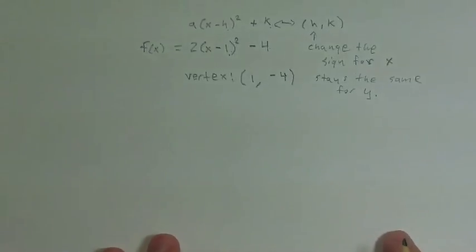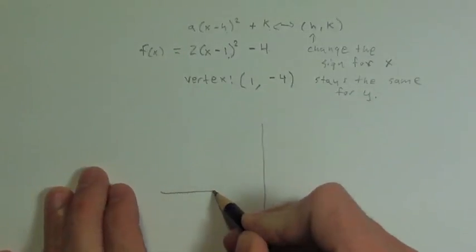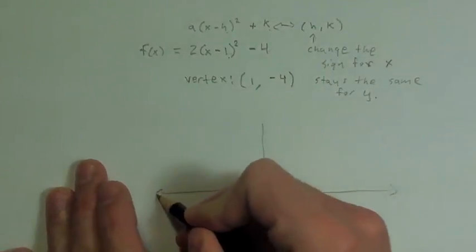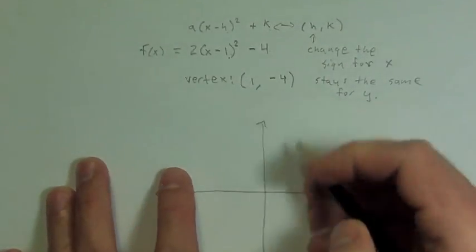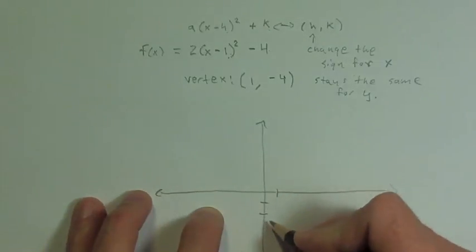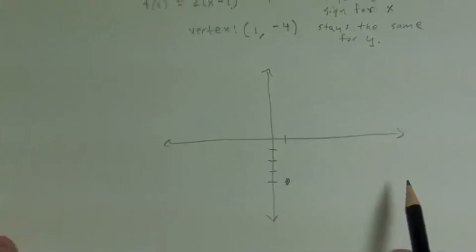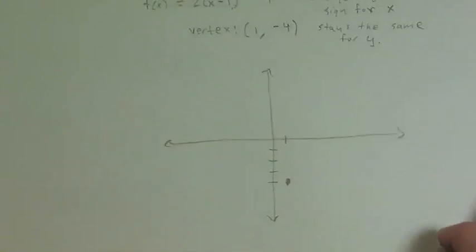If I wanted to graph this, the nice thing about having the vertex is that I'd go out over to 1 and down to negative 4: 2, 3, 4.